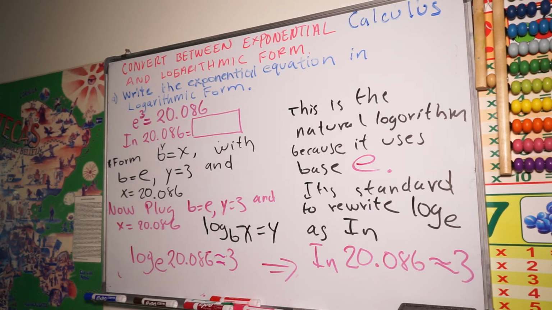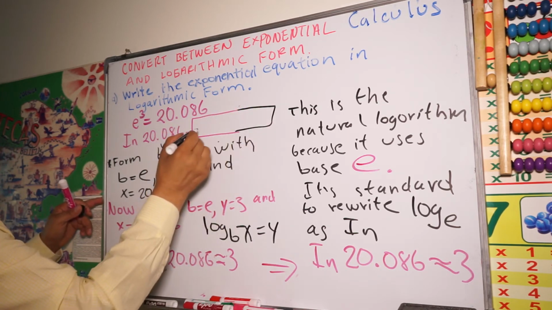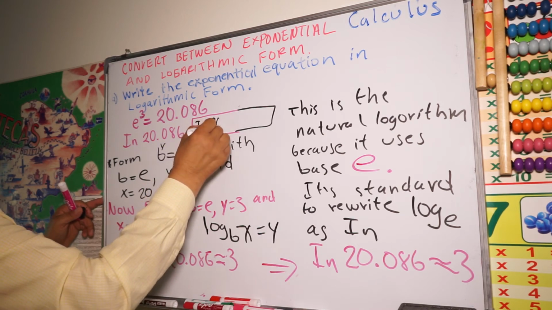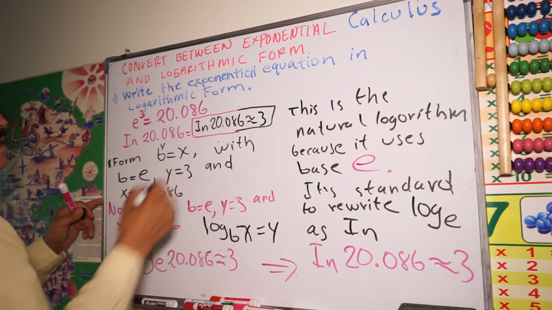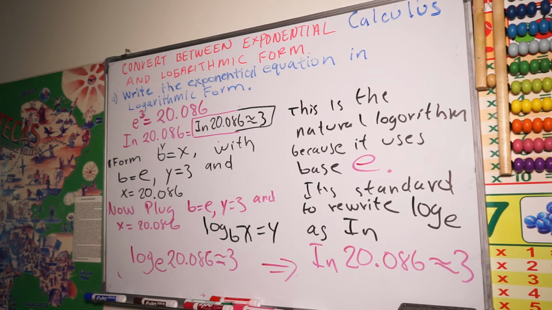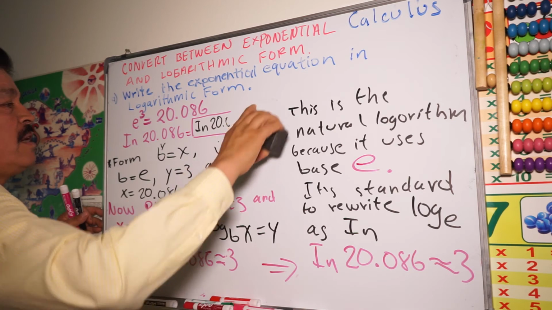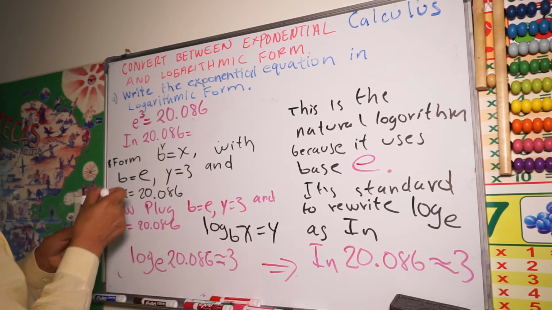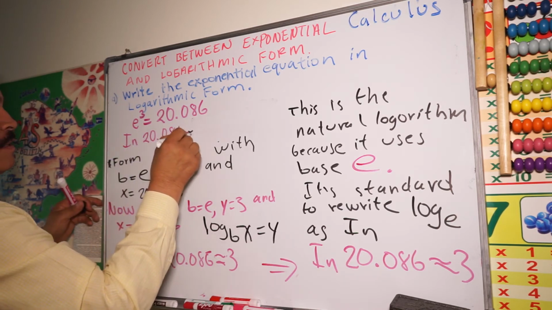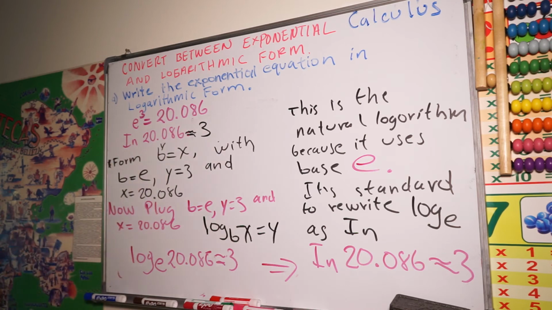The answer is that it is the same: ln 20.086 equals 3. Actually, the question asks only for this number, for 3. Very simple.